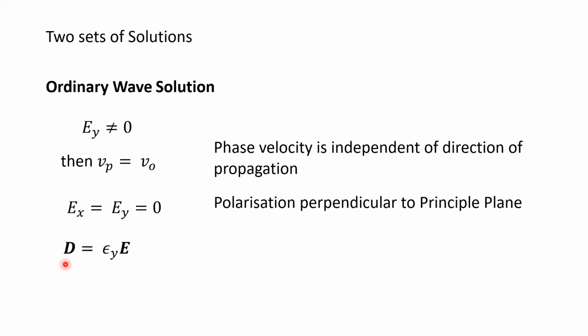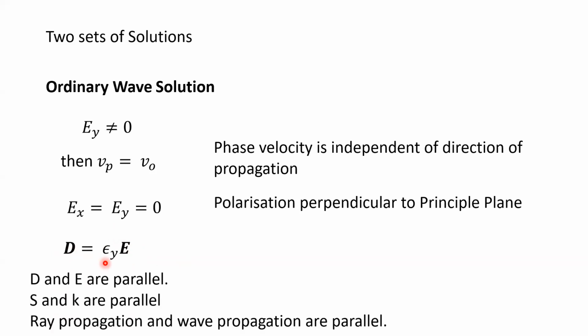So you also don't have Y and Z components of B. What you have is that vector D, which actually has only a Y component, as does E. The two are parallel to each other now, because they're related by a scalar quantity, not a tensor quantity. So D and E are parallel.